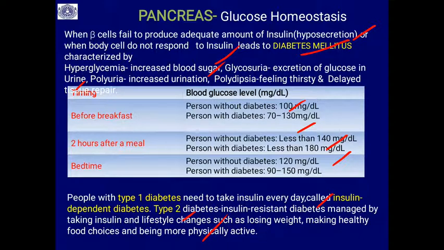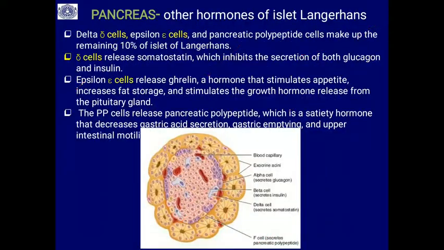It has onset after 40 years. Losing weight and making healthy food choices are all helpful to control type 2 diabetes.